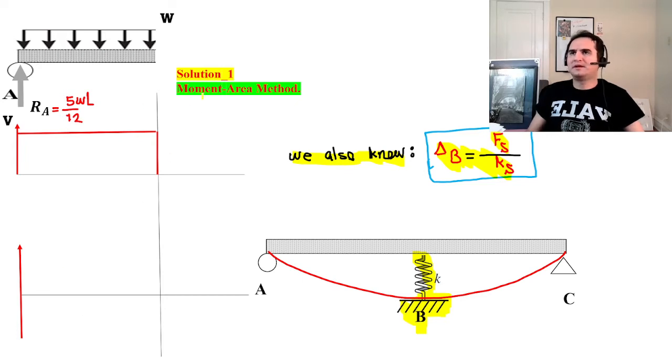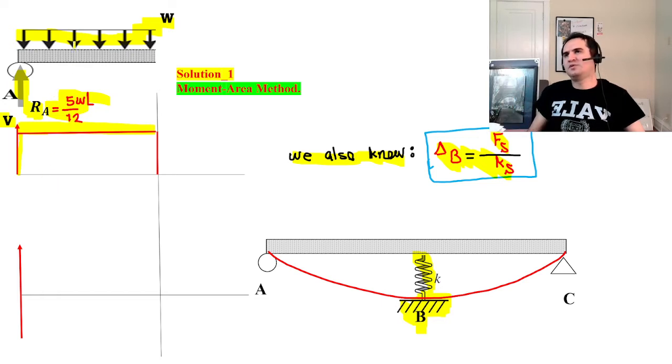Based on the moment area method, we draw the shear diagram for half of the structure due to symmetry, where RA is 5 over 12 times WL. Forget about W for now: we are just drawing shear for RA, then for W in the other part.